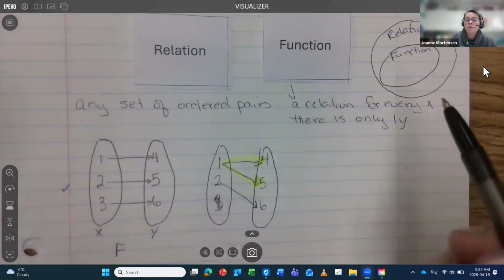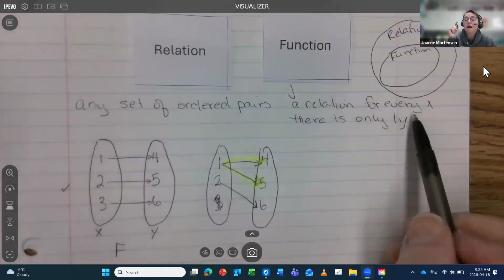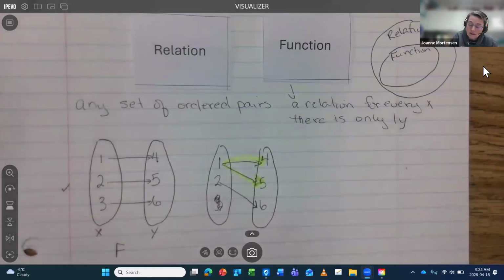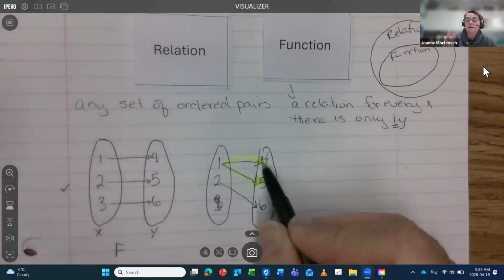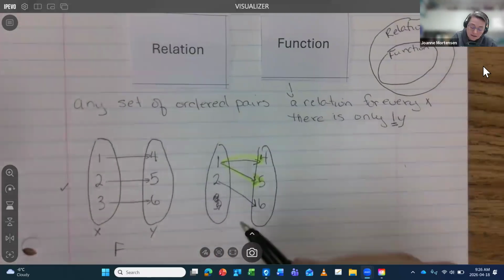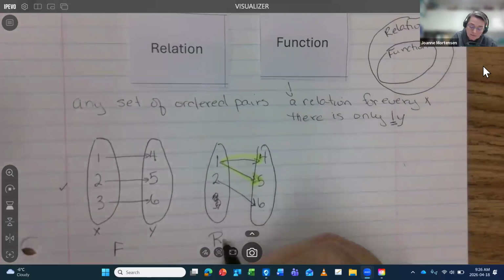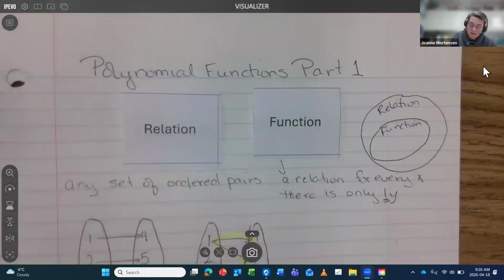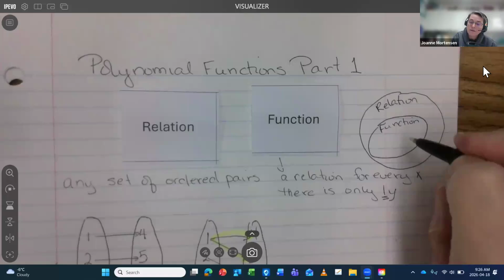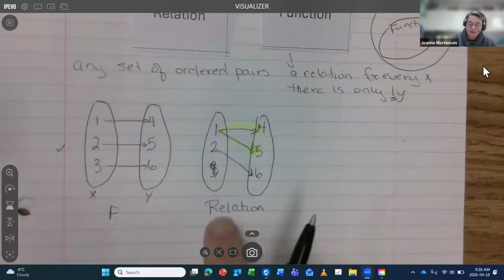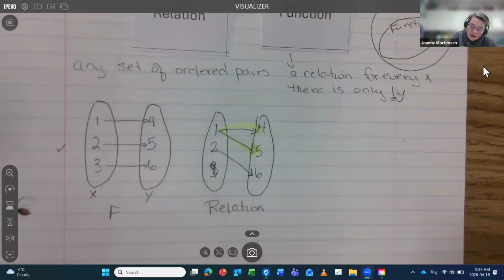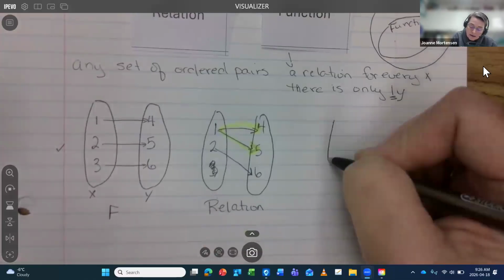A rule for functions is every X has only one Y. This one has 2 Ys. So this is a relation. So in our picture, the first one is here. This one is sitting out here. That's a relation. This is a function.